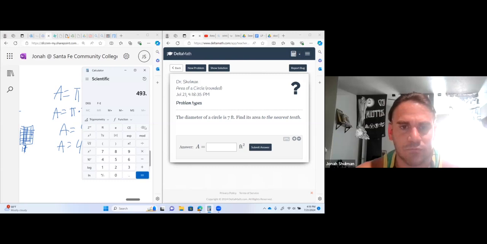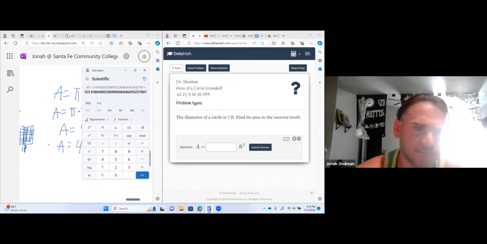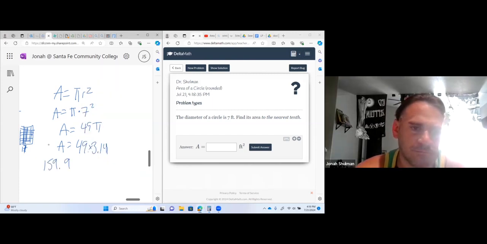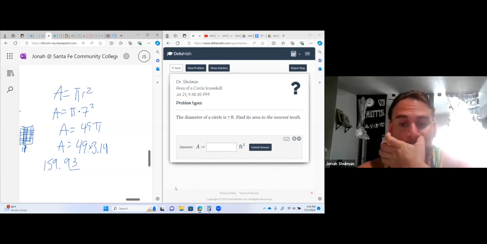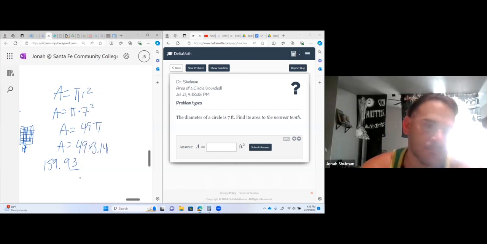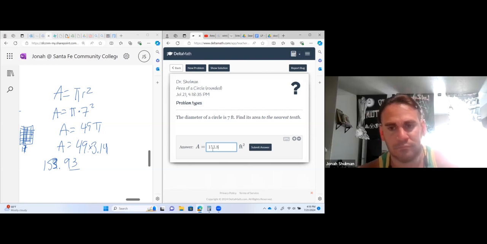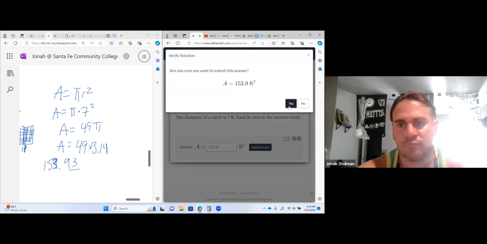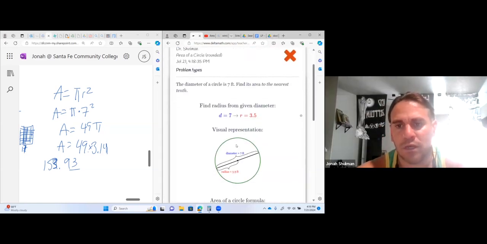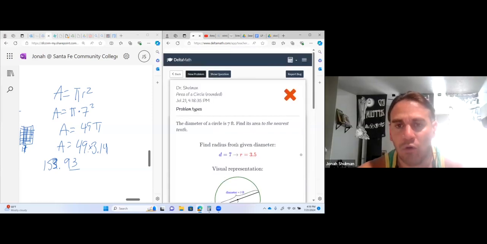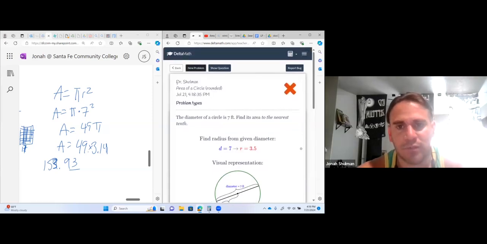Oops. 159.93. This is not bigger than 5, so we're going to be left with 153.9. Ta-da! Oh, they gave us the diameter, so we had to cut it in half first.